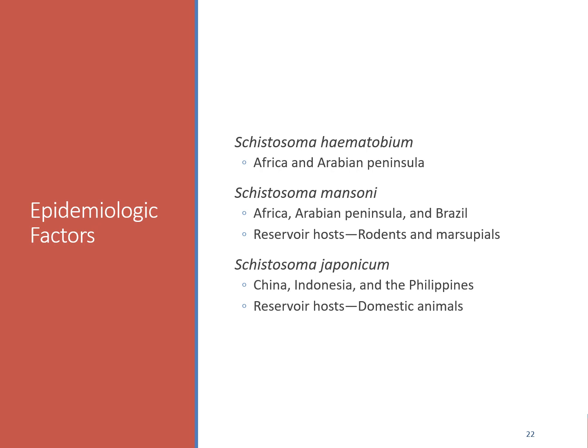Schistosoma mansoni. So this organism is also found in Africa, the Arabian Peninsula, Brazil. And so with this organism, it can be associated with rodents and the marsupials. And so this one is more commonly known as a blood fluke.